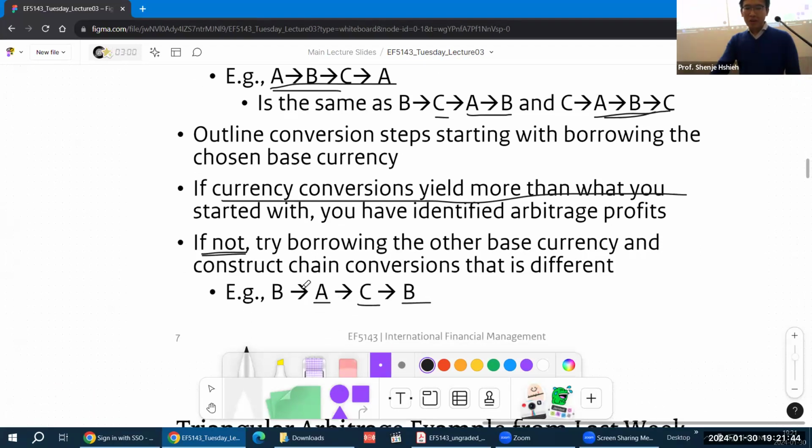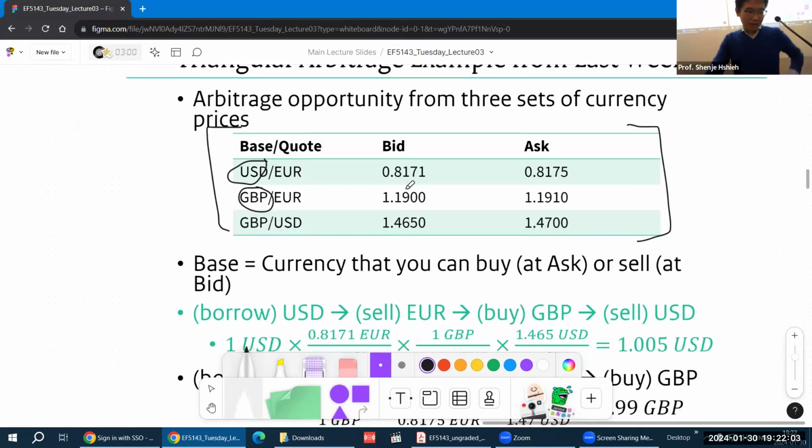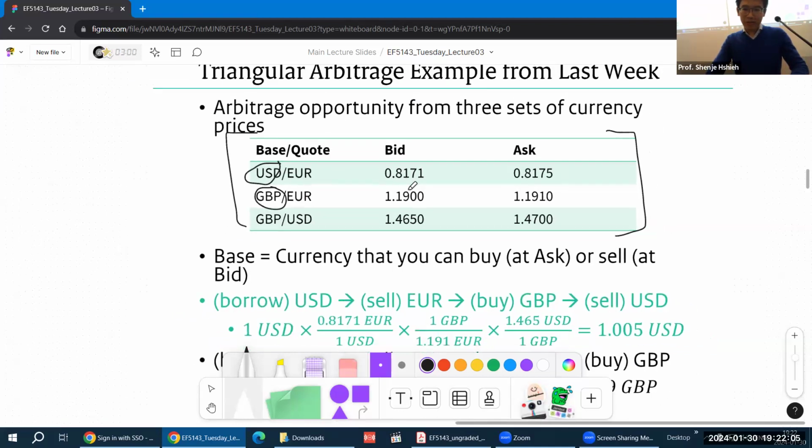And again, going this route, you get two other routes that yield the same conclusion. So you only have to check one case if the other case doesn't work, right? So in total, only two scenarios to check, ABC or ACB, right? All right, so this is the same as last week.